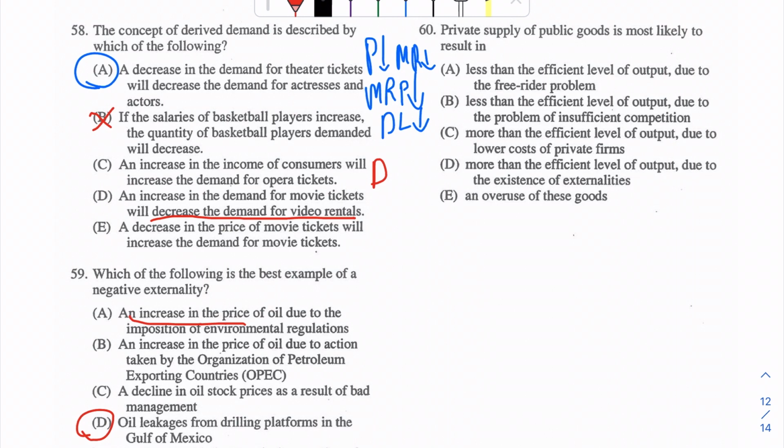And finally, 60, private supply of public goods is most likely to result in blank. So private supply of public goods, basically, instead of the government doing parts, we have firms doing parts. All right, and so what that means is we have the supply and demand, and that means we are here.